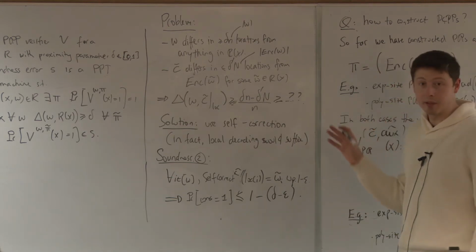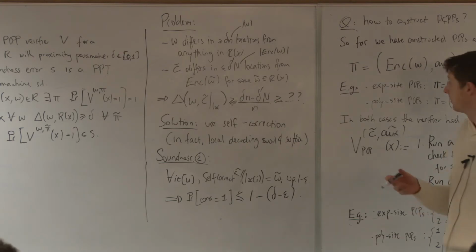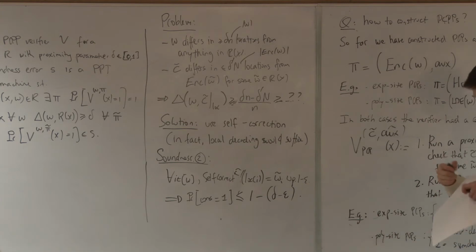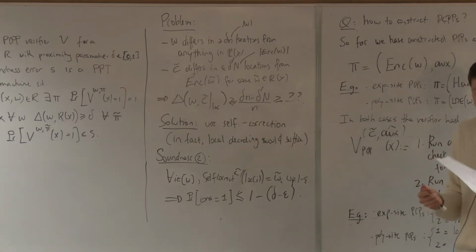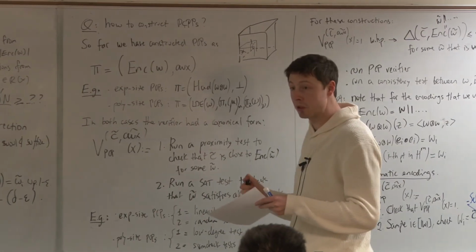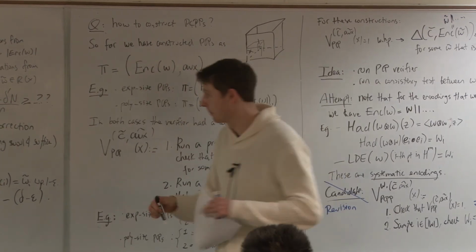Now, basically, we don't actually have a construction. We have a template construction, and we can instantiate it in 2 regimes, this and that. So let's write down what we've learned in those 2 regimes. We can literally apply it as a template, and it will give us 2 PCPPs in 2 different regimes.